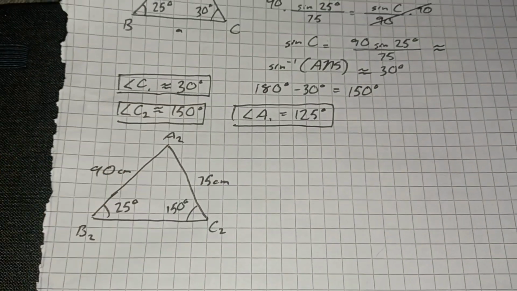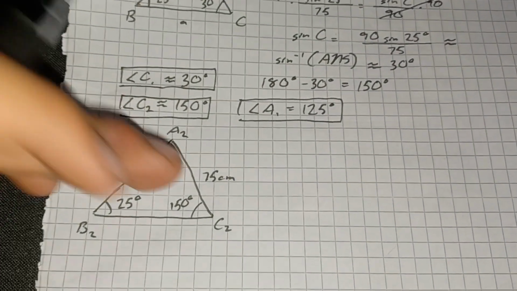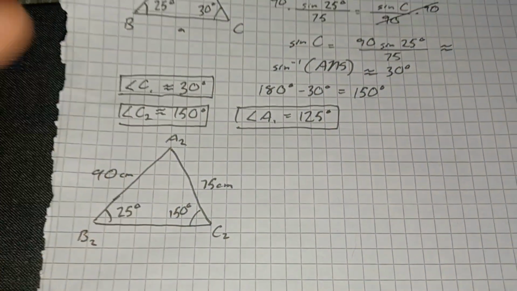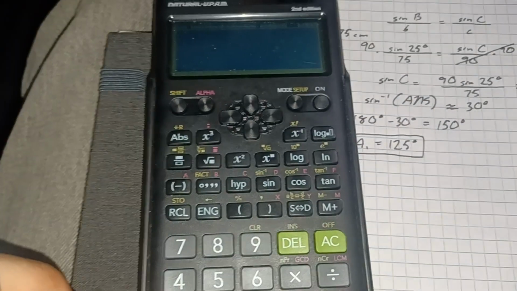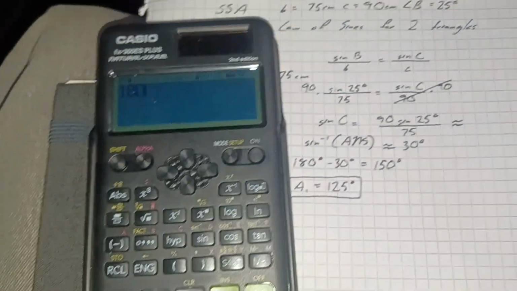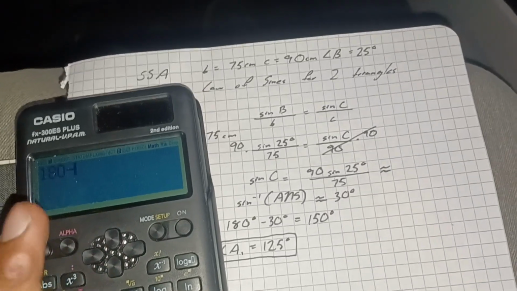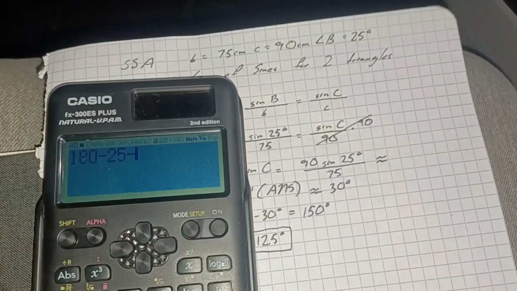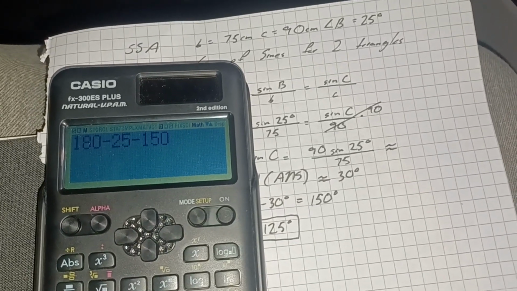Let's do the same thing for angle A2 right here. Basically just take 180 and subtract these two angles. 180 minus 25 minus 150. This is for the second triangle.